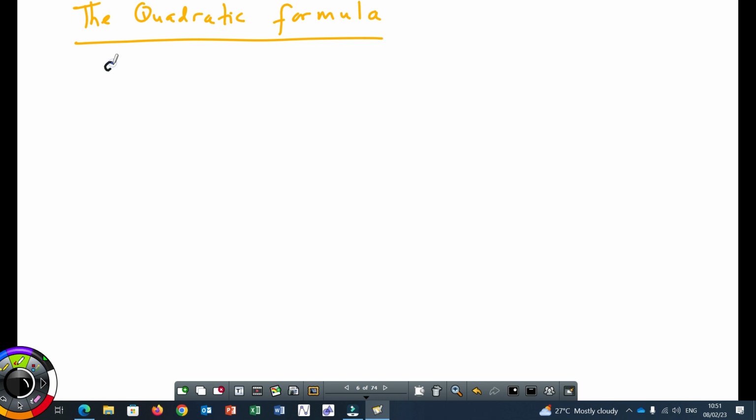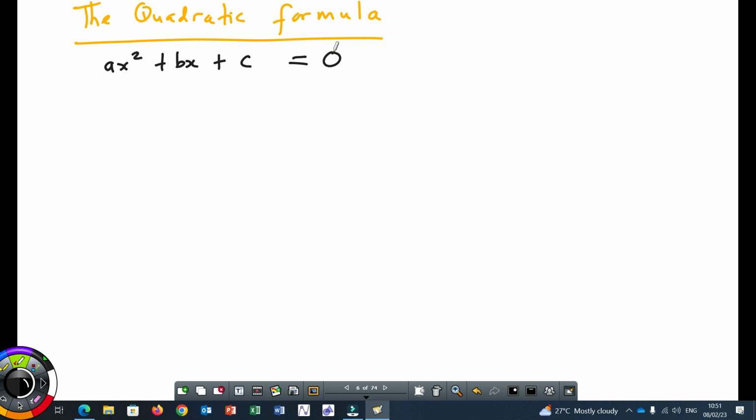All right. So we know that the general quadratic equation is of the form ax squared plus bx plus c equal to 0. Just put your pen down for a while.